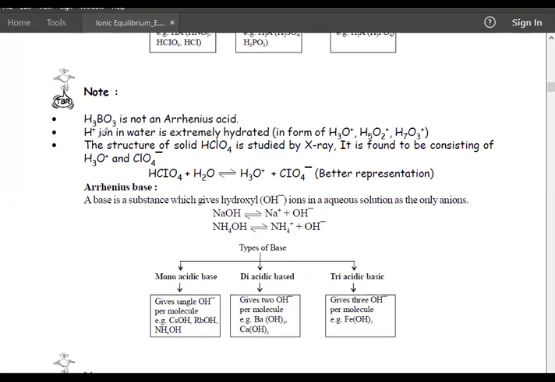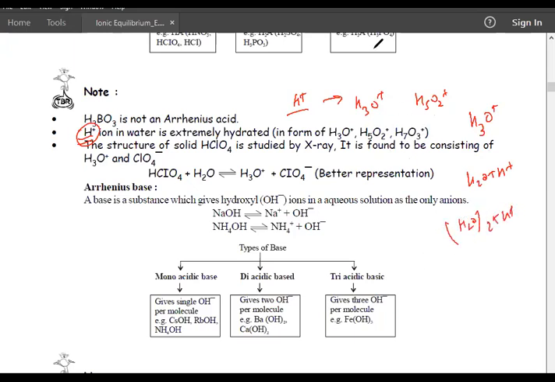Now there's one point which you have to remember: whenever you see a reaction, H plus can also be written as H3O plus, H5O2 plus. Basically, H plus exists with water. H3O plus means H2O plus H plus. H5O2 plus, H7O3 plus, these are all representations of H2O taken twice plus H plus.